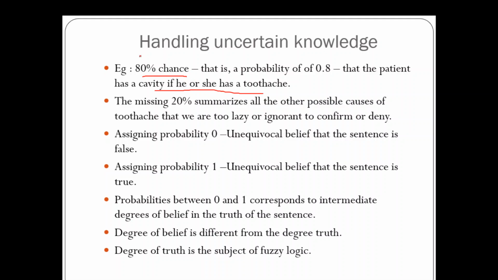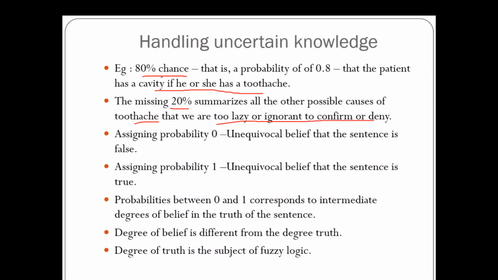The missing 20% basically summarizes all the other possible causes of toothache. You may have a huge list, and from that huge list, any one of the reasons could account for the remaining 20% of cases, which we were too lazy or ignorant to confirm or deny.